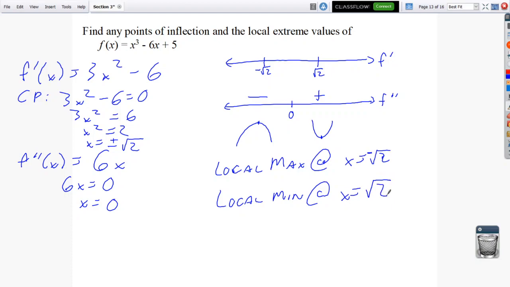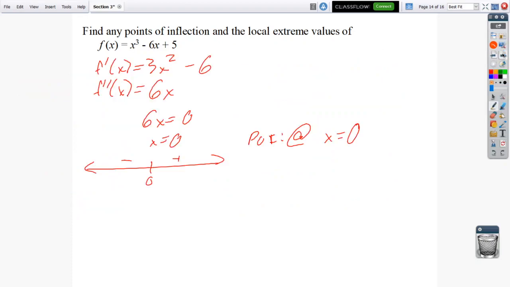And of course, to find the y values, I would just have to plug these back into the function. So the local maximum would be f of negative root 2. The local min would be f of positive root 2. Woohoo! There we go. Alright.